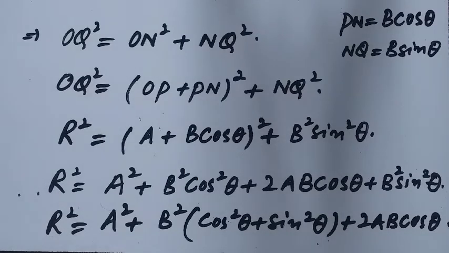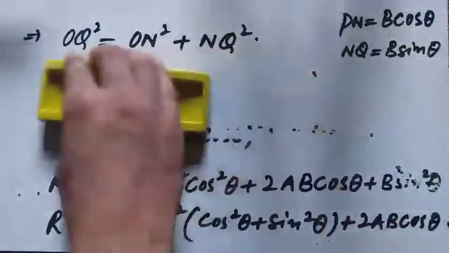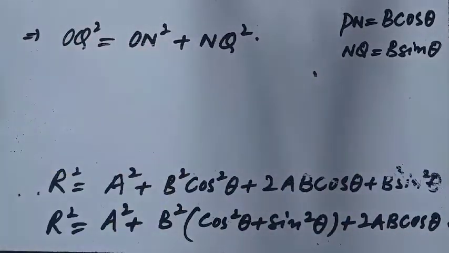All right, now I will write this above step and write this step again. As you know, cos square theta plus sin square theta is equal to 1.